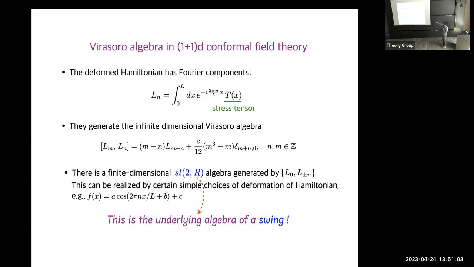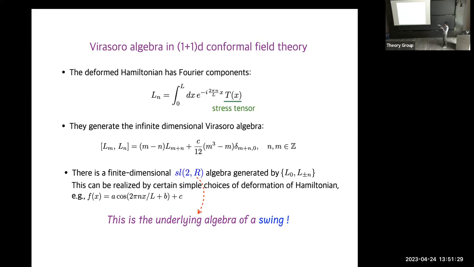These operators generate nothing but the Virasoro algebra in one-dimensional CFT. These operators satisfy the commutation relation here. This is the well-known Virasoro algebra. Okay, there are infinitely many generators in this Virasoro algebra.